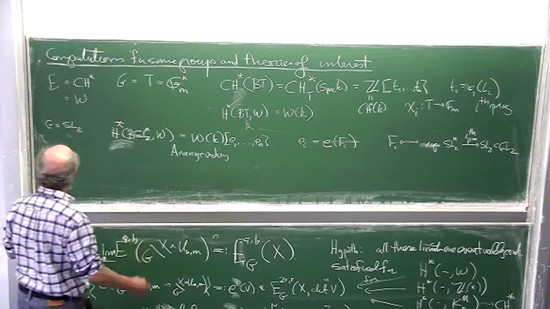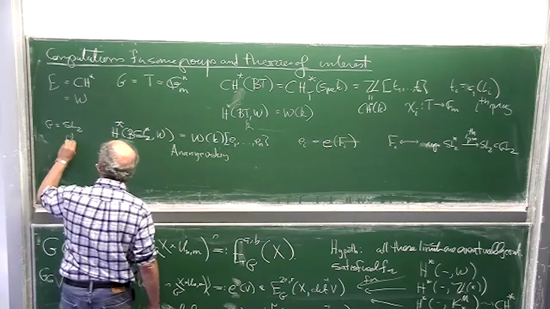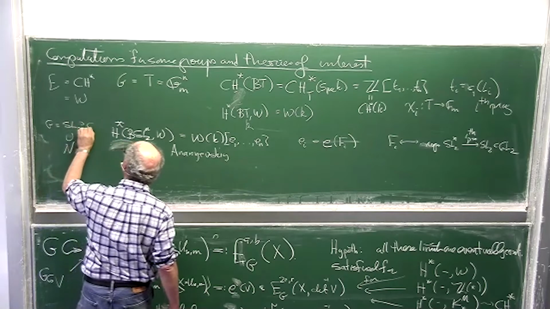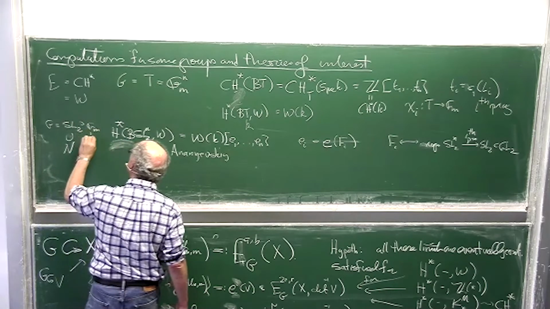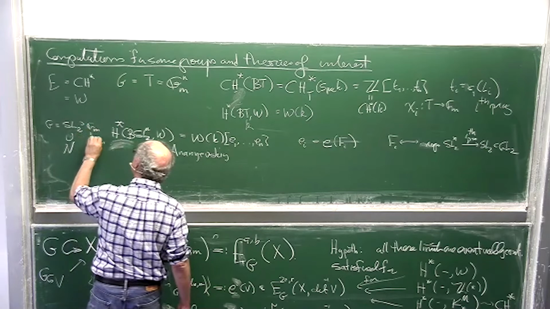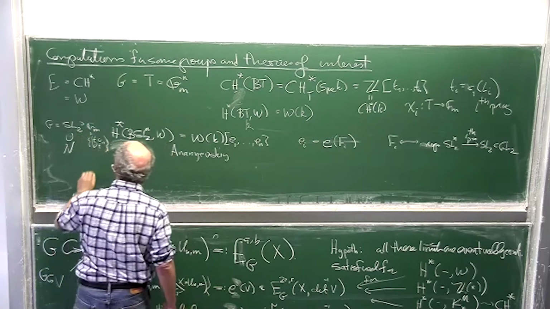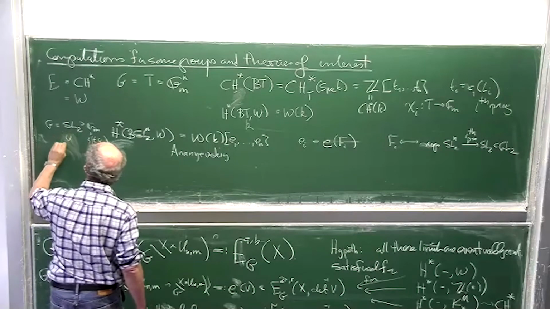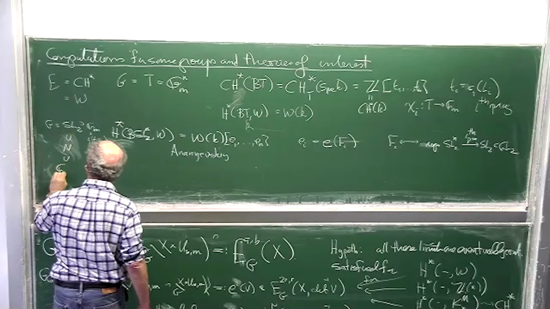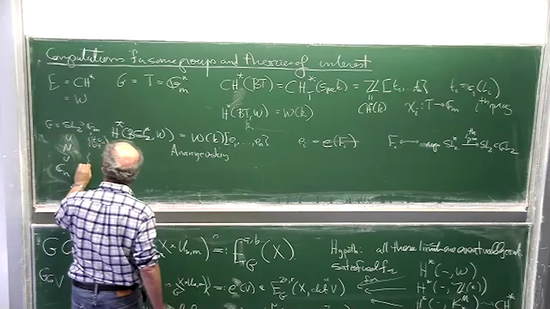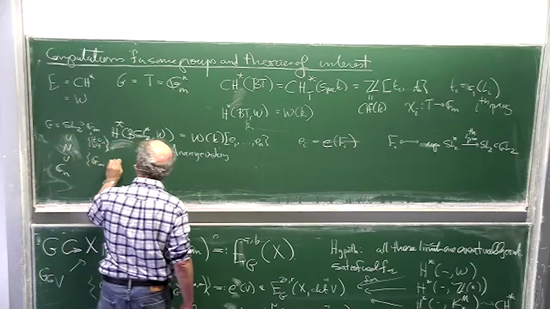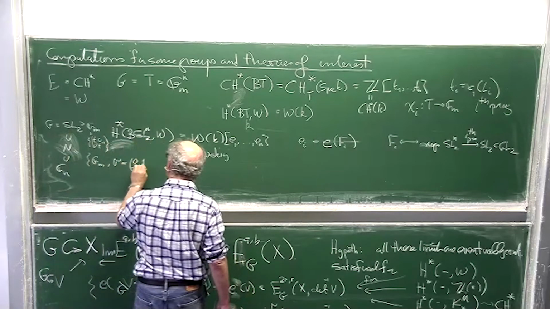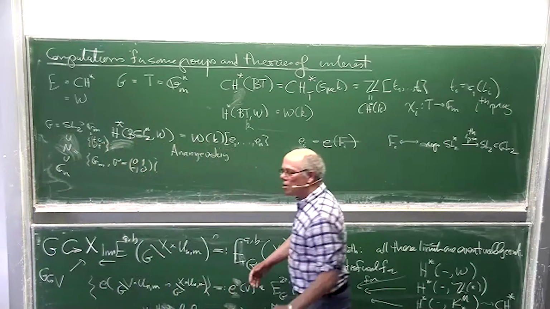Something better, also not perfect, is you take N, which is the normalizer of the torus inside of SL2. So SL2 contains Gm, which is just the diagonal matrices. And this contains a slightly larger group, the group generated by Gm together with one extra element sigma, which normalizes the torus. So it's no longer a connected group.